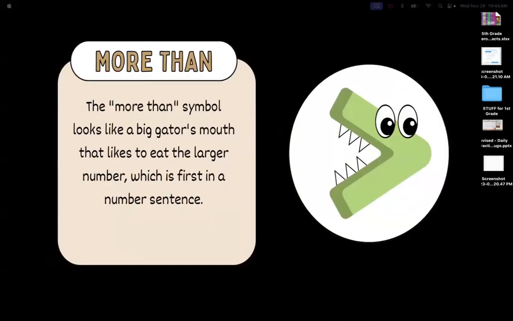So let's look at the more than sign, right? The more than sign is a big alligator's mouth that likes to eat the larger number, but it's only when it comes first in the number sentence. So for instance, 5 is greater than 4, okay? 5 is bigger than, greater than 4.